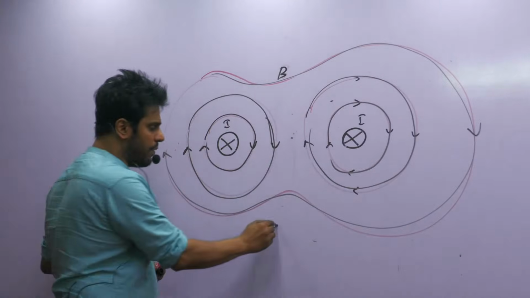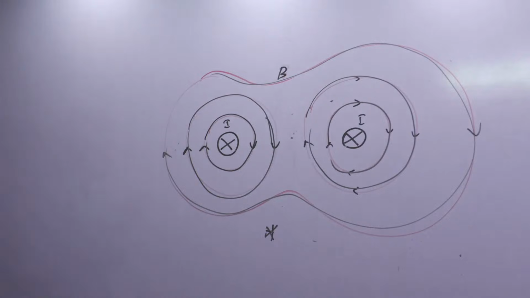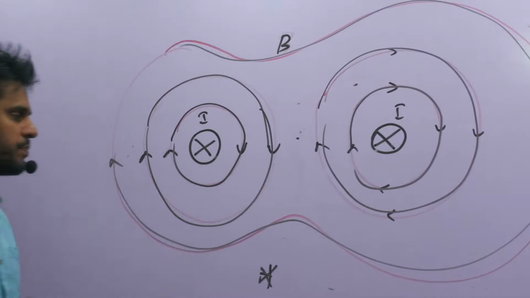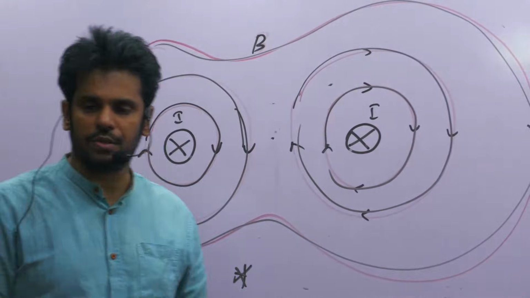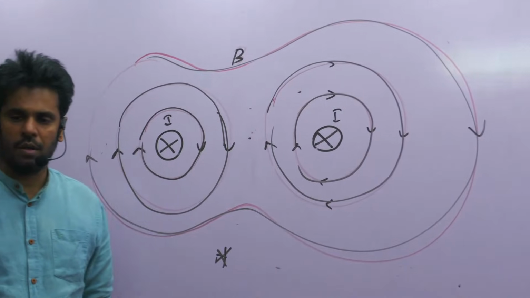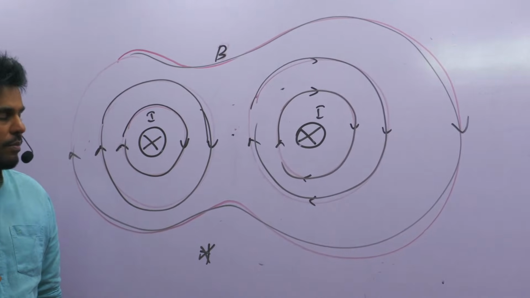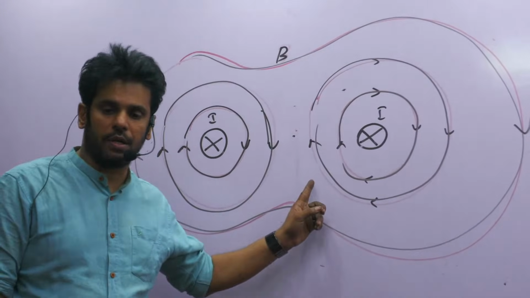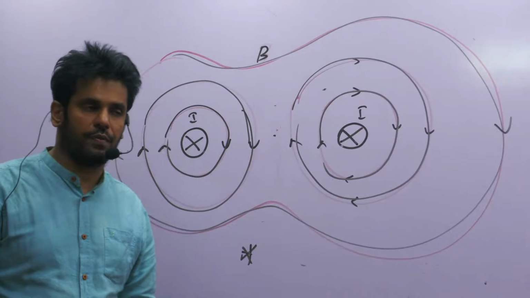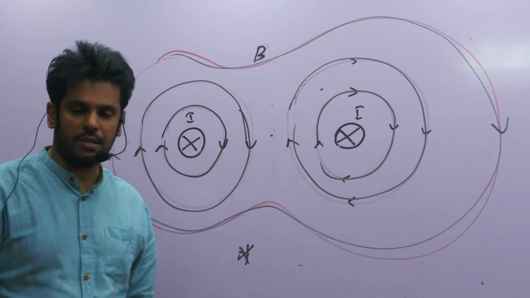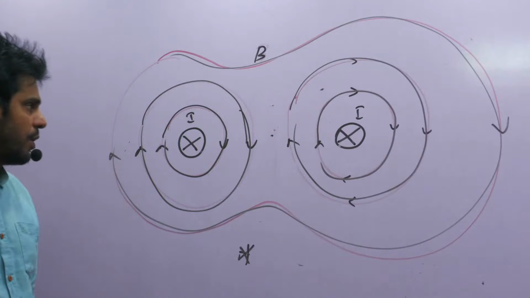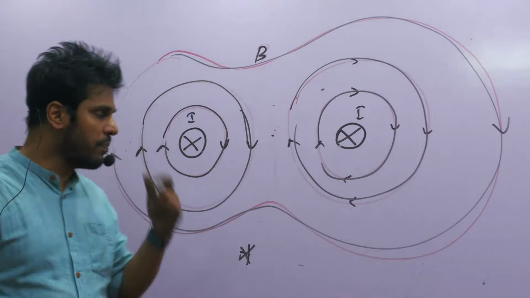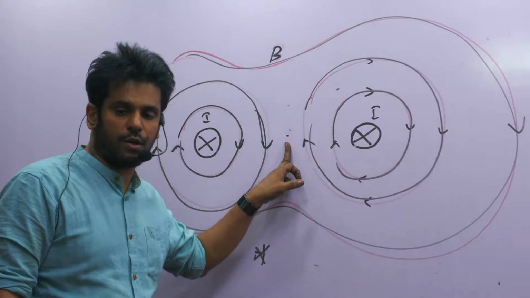Everyone write this one. At the midpoint of two parallel wires with the same direction current, magnetic field is zero.